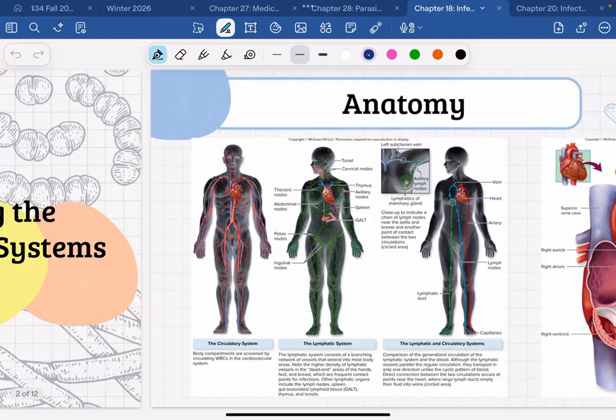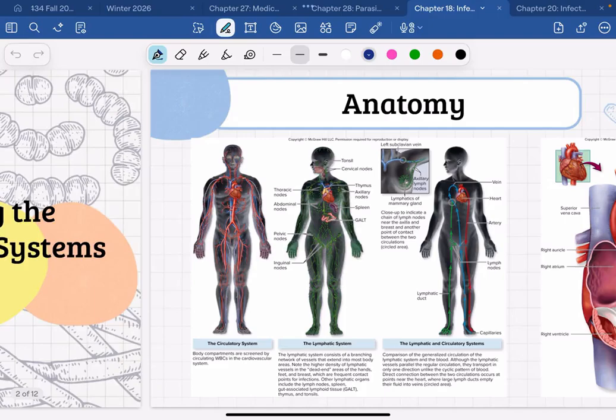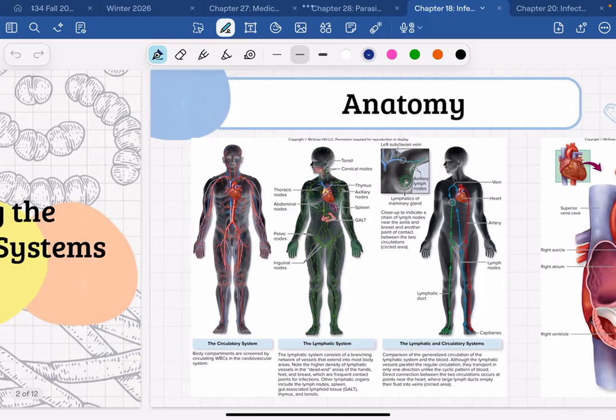The only way that things get into the circulatory or the lymphatic system is by crossing membranes, which they can do, but it's more difficult. There's no natural opening to the blood or lymph systems. So they're both naturally closed systems.